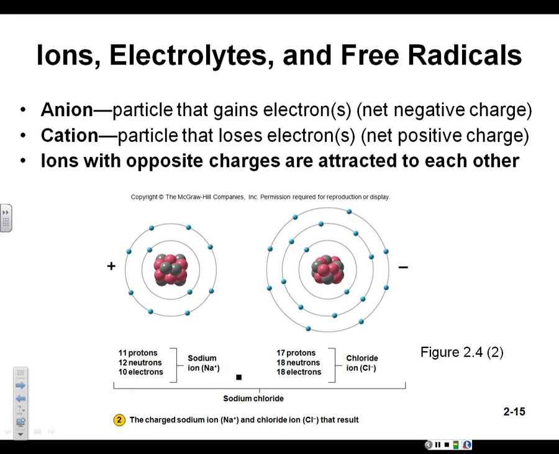Remember sodium: 11, 23, 11 protons, 12 neutrons, 11 electrons, right? So that is neutral, right?